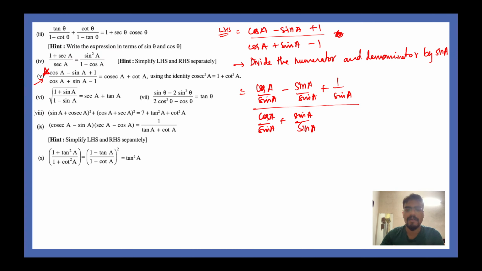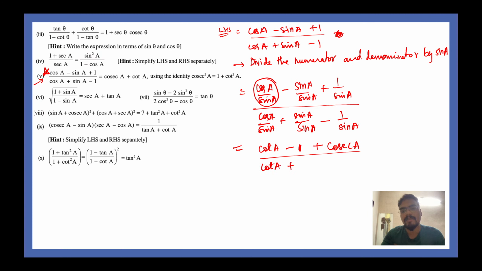So every term has a sin a. Now cos a divided by sin a is nothing but cot a, minus sin a by sin a is 1, plus 1 upon sin a is nothing but cosec a, divided by cos a by sin a again written as cot a, plus 1 because sin a by sin a is 1, minus cosec a.